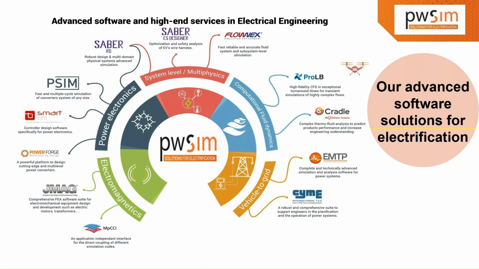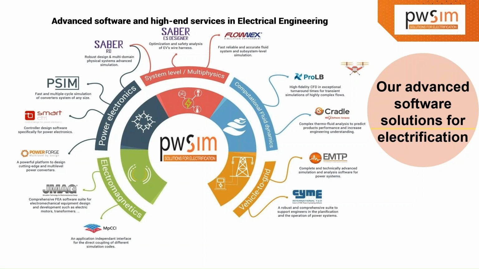Coming to electromagnetics, we have JMAG, the first package. It's a comprehensive FEA software suite for electromagnetic equipment design and development, such as electric motors, transformers, and all other devices which basically use the principles of electromagnetism. The second one is MPCCI, an application-independent interface for direct coupling of different simulation codes.